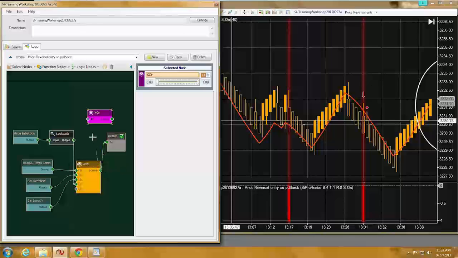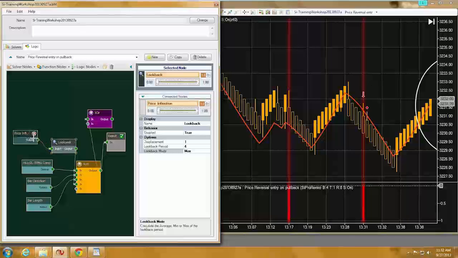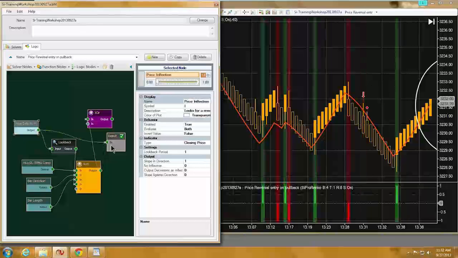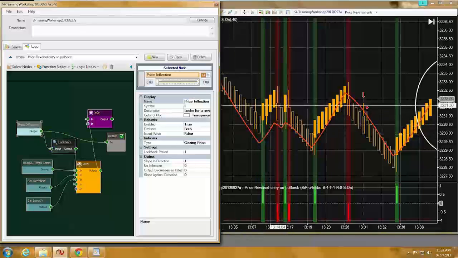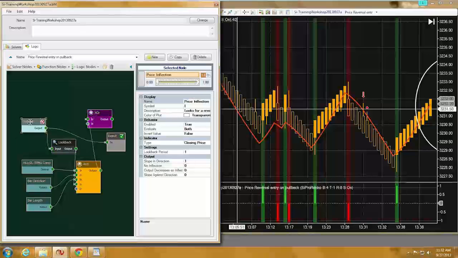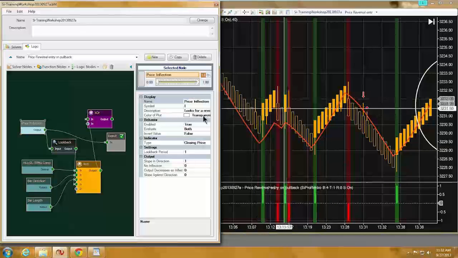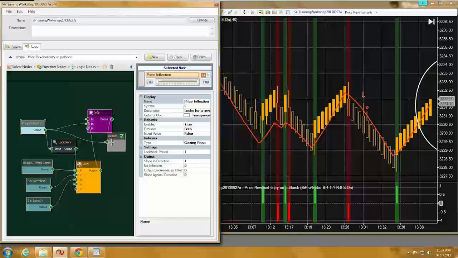I'm going to plug that in there. I'm just taking a look at the inflection. If you notice, the signal coming out of the inflection is on the reversal bar. So I'm going to take that signal and feed it into the XOR as well.